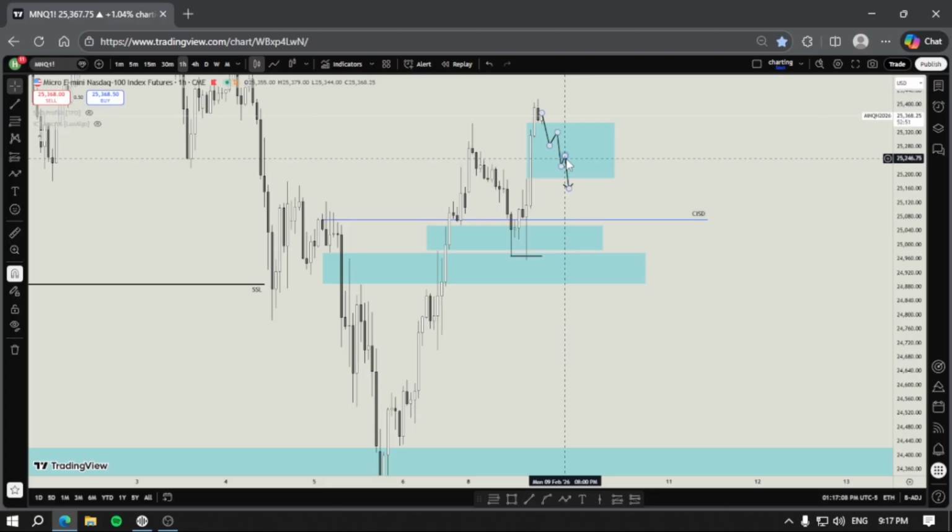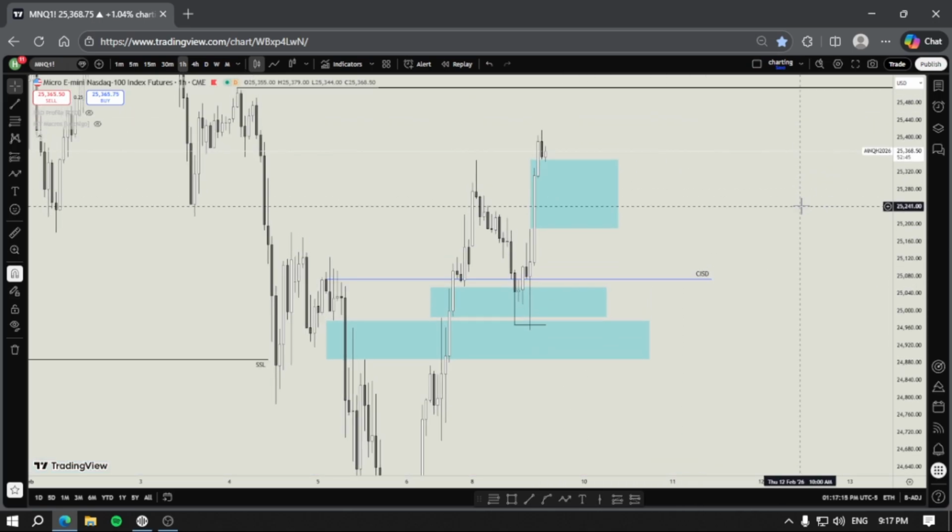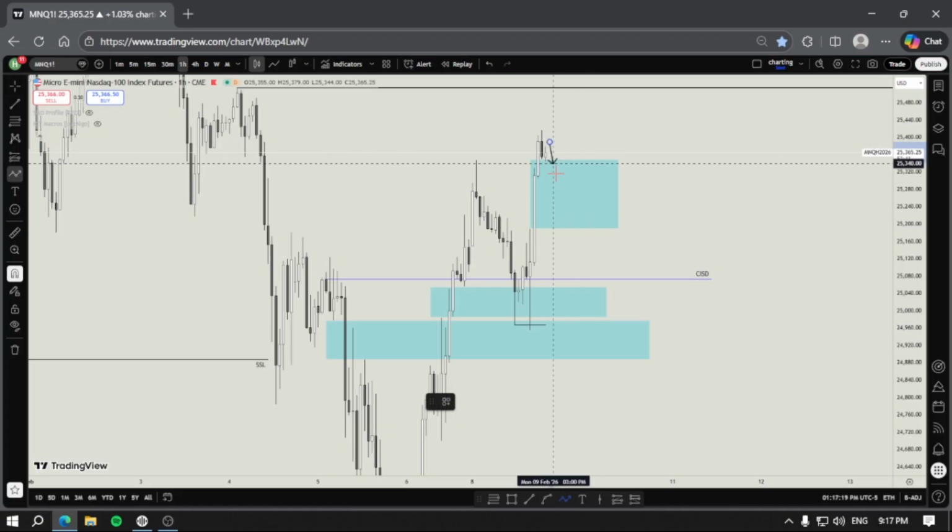So right now I'm just predicting, right? Nothing certain. I'm just reading price action. What can happen is we can see much lower because we didn't test equilibrium.